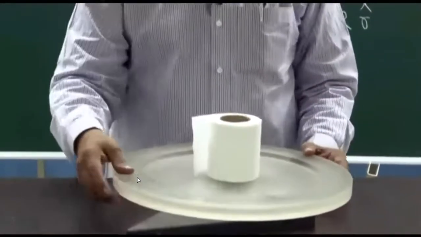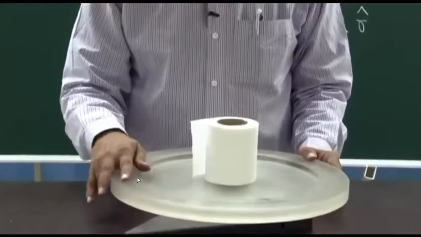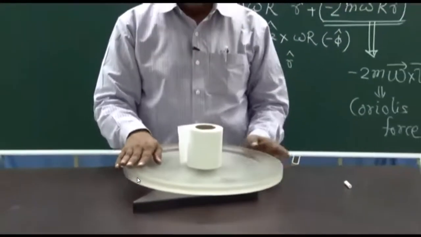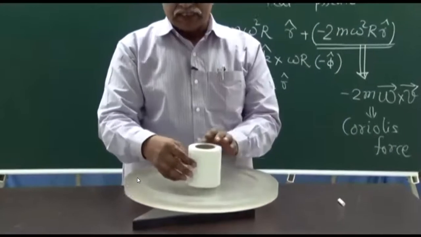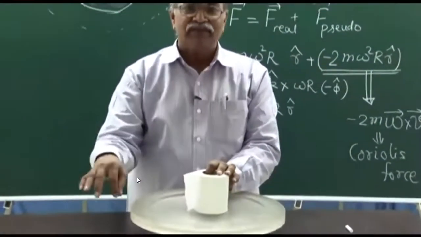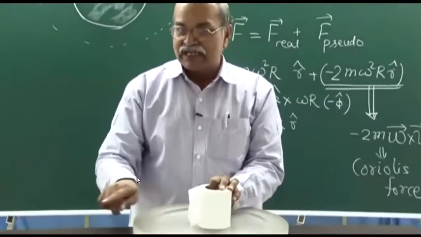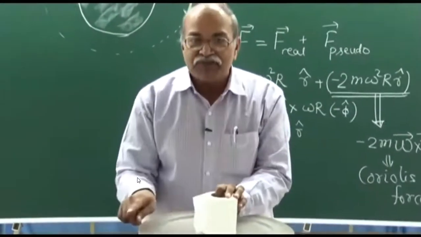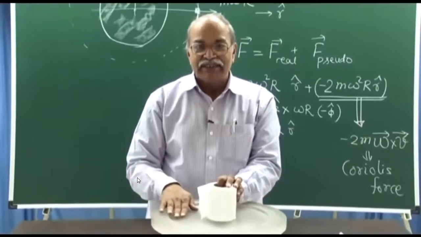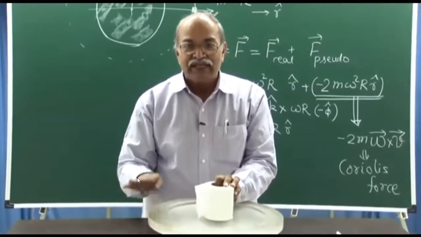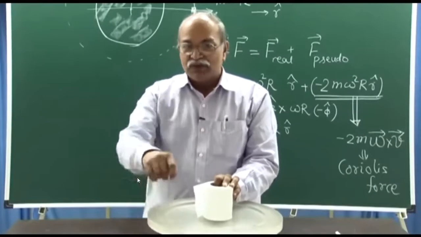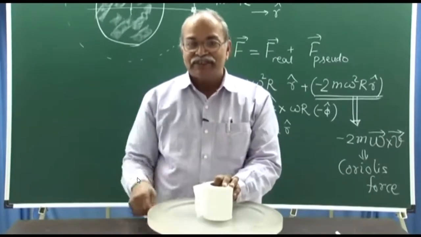As I am putting this on this rotating frame, if I work from this frame, because of the centrifugal force, it goes out radially a little bit. But once it goes out radially, it gets some velocity with respect to this disc in radially outward direction. Omega is there vertically downward because I am rotating it clockwise.